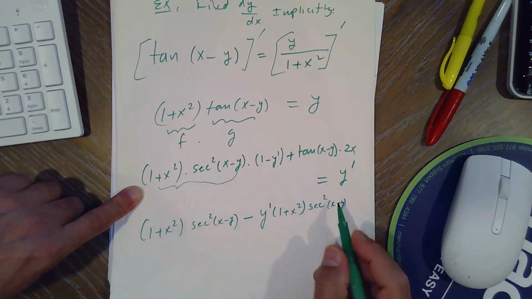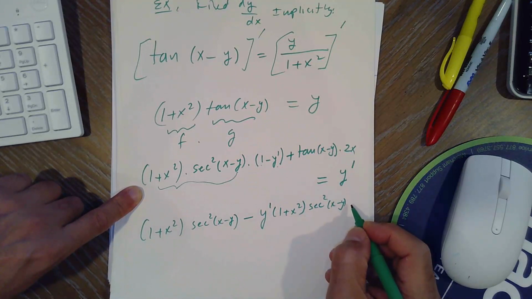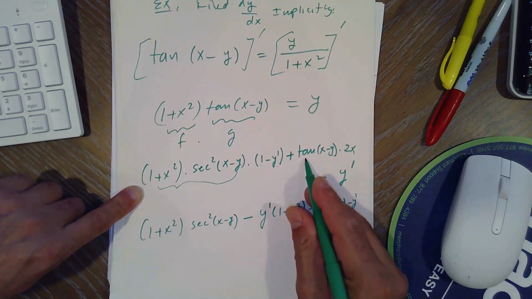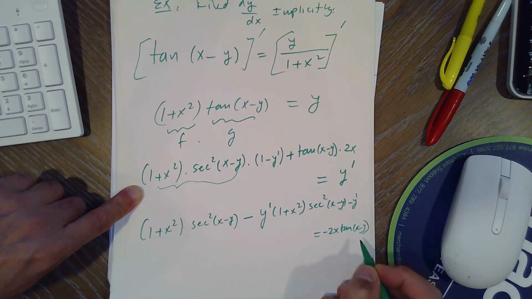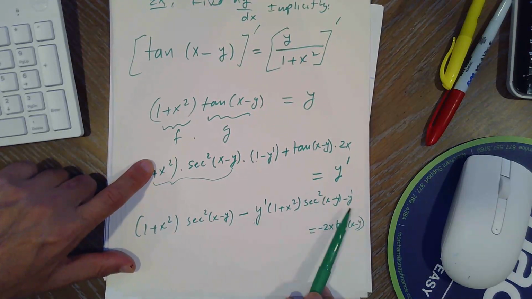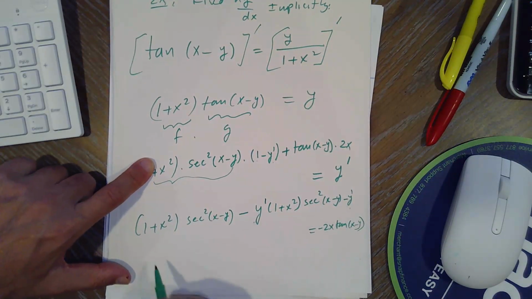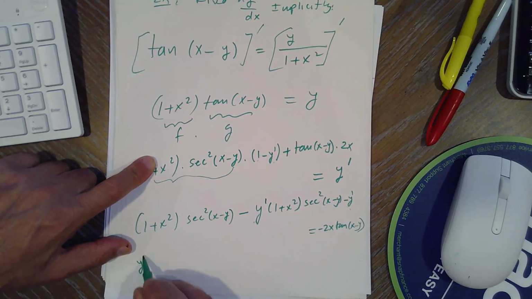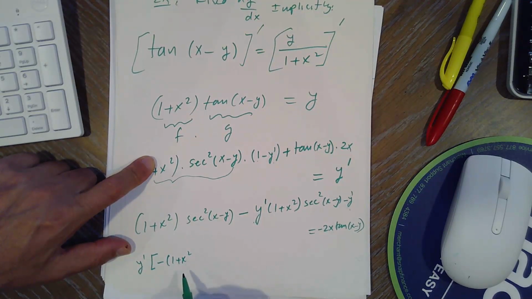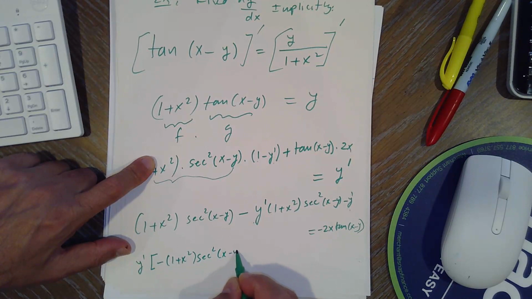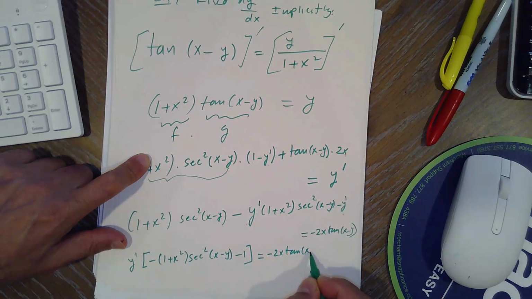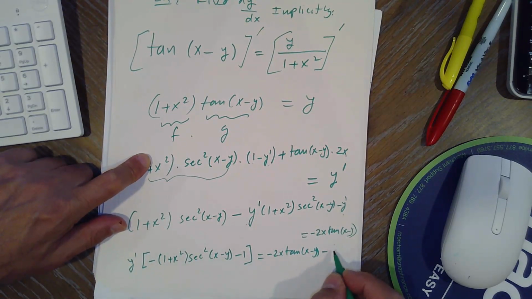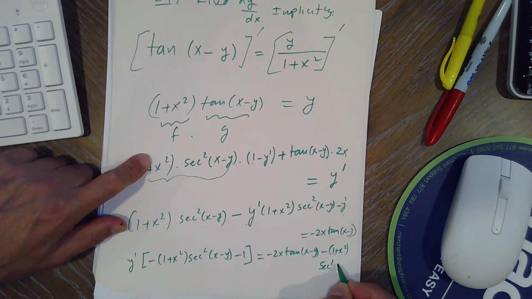So I distributed that. Now minus y prime, I'm moving this over here, and then I'm going to move this guy over there, so negative 2x tangent of x minus y. So this has a y prime, this has a y prime, this doesn't, so I'm going to have y prime times negative 1 plus x squared secant square x minus y minus 1 equals negative 2x tangent x minus y minus, I should have done it the other way, but that's okay, secant square x minus y.